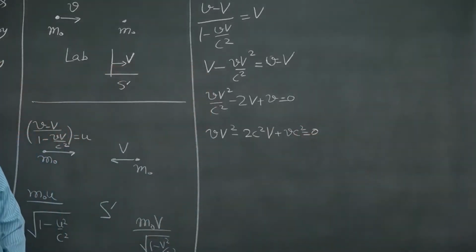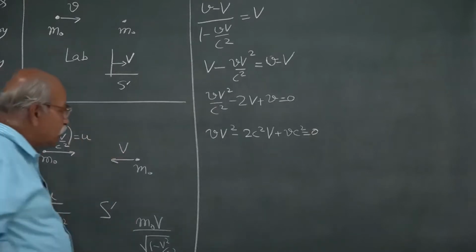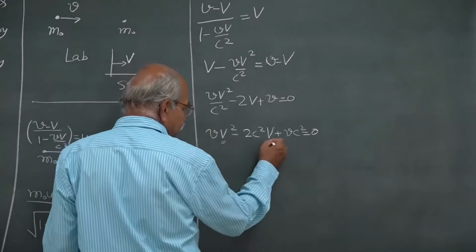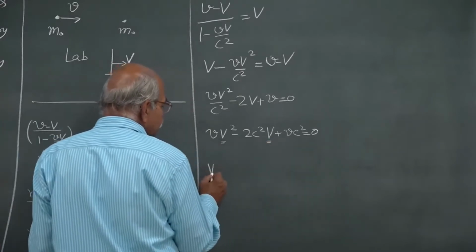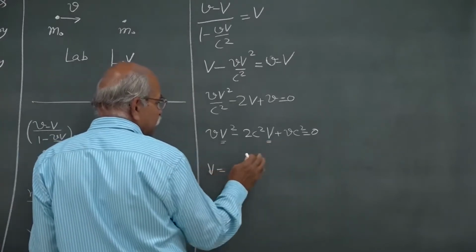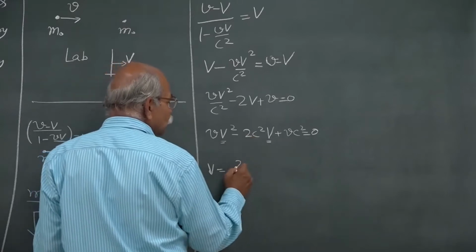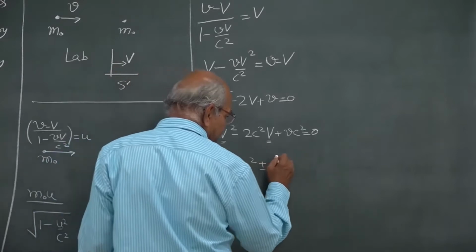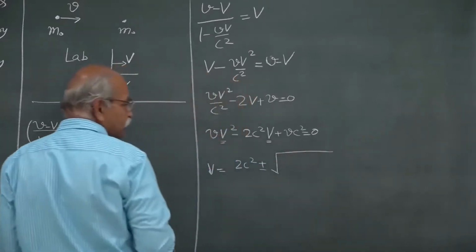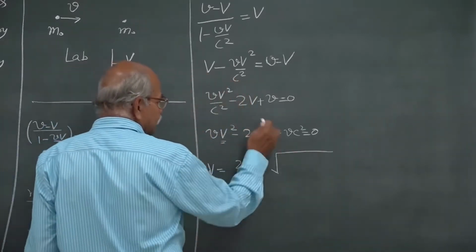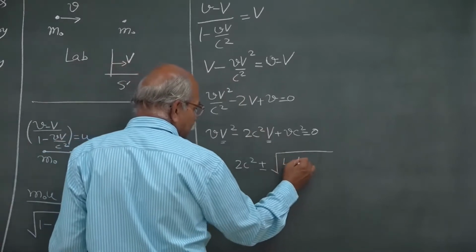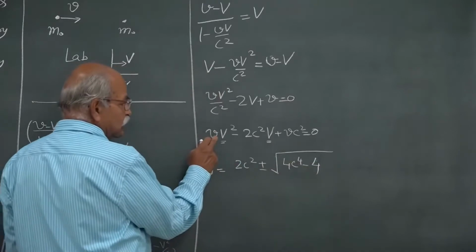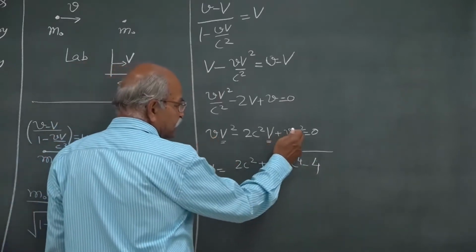So, I can use my class 10th, class 9th algebra. This V I have to find. So, capital V is equal to minus b, that is 2c square, plus and minus the square root of b square minus 4ac. B square is 4 times c4 and minus 4 times a into c. A is small v and c is vc square.